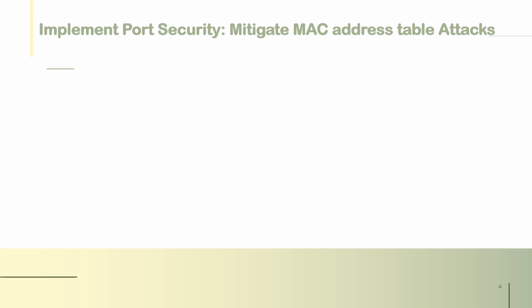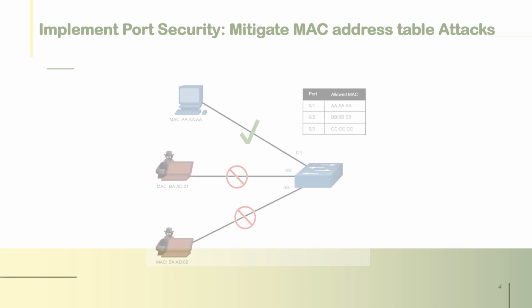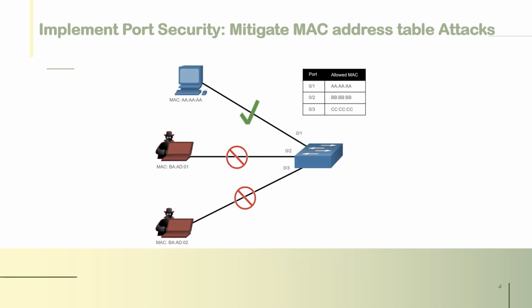By limiting the number of permitted MAC addresses on a port to 1, port security can be used to control unauthorized access to the network, as shown here in this figure. The MAC addresses are shown as 24 bits for simplicity and understanding.